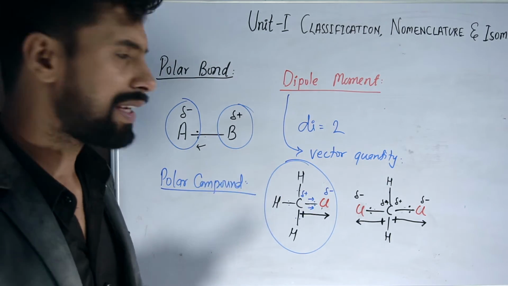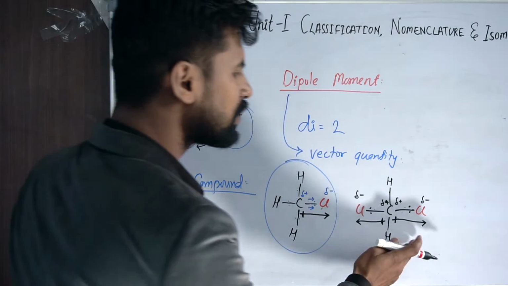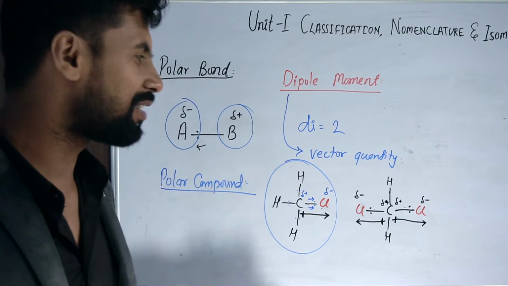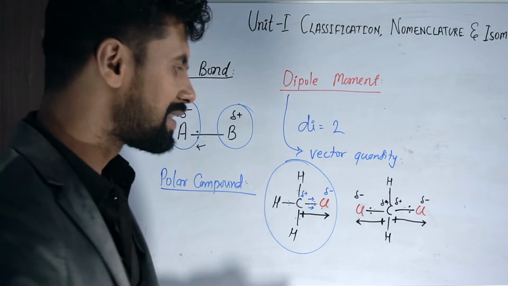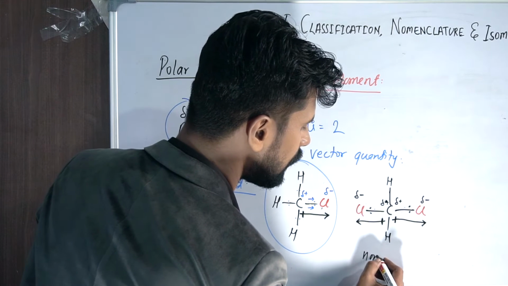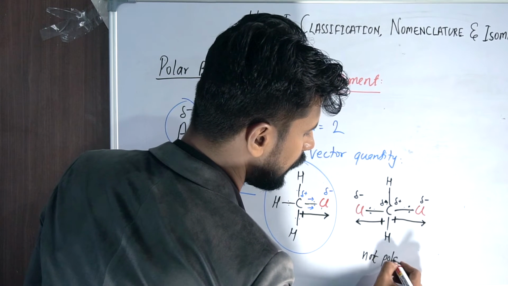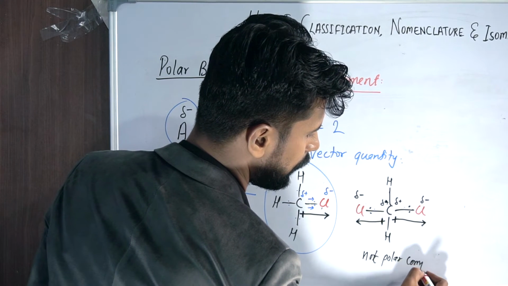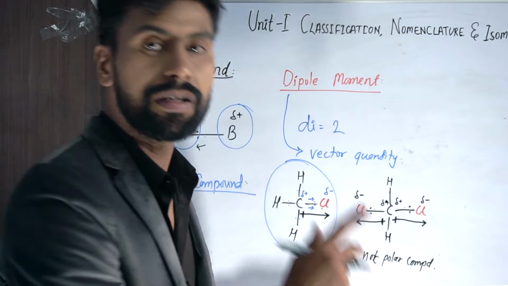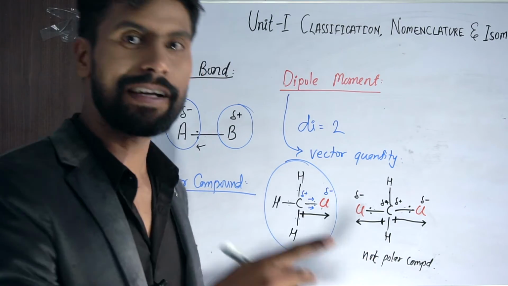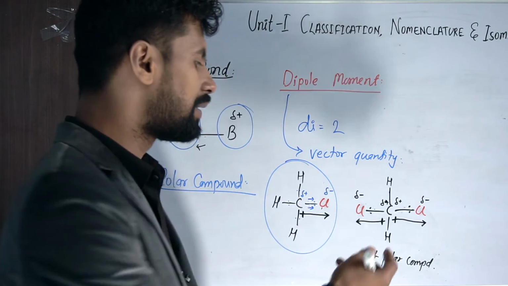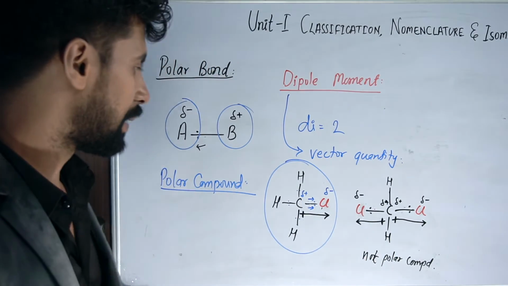Now you tell me, since it is a vector quantity, one is going in this direction and the other is going in the opposite direction, they will cancel each other and there will be no net dipole moment. Since there is no net dipole moment, this compound is not a polar compound. Why not a polar compound? It has polar bonds, not one but two polar bonds, but the net dipole moment is 0. Since the net dipole moment is 0, this compound is not called a polar compound.